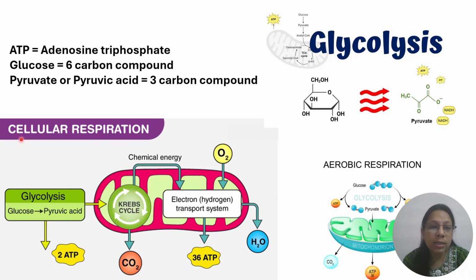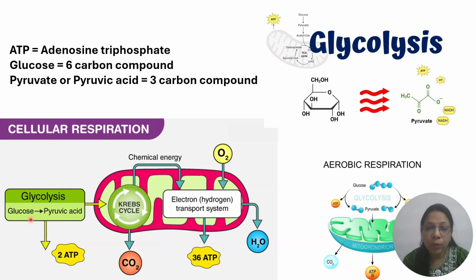This is called cellular respiration, that means respiration which happens at cell level. Cellular respiration is also oxidative respiration because it requires oxygen. What requires oxygen? Respiration, or getting energy from glucose.